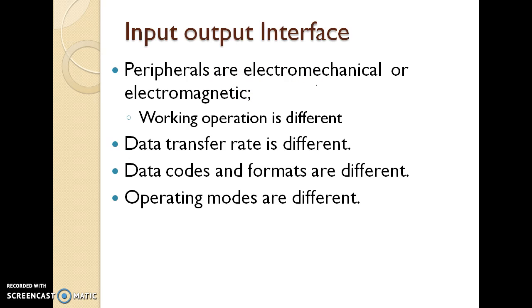For example, if you take a keyboard, which is an electromechanical device, or for example, if you consider a hard disk drive, which works on the principles of electromagnetics. Each of these devices transmits data in a very different format, considering the binary zeros and ones for the semiconductor chips.